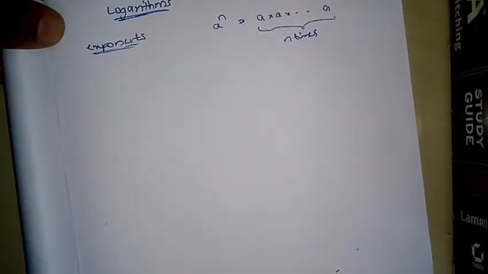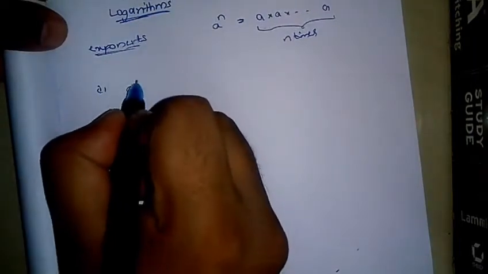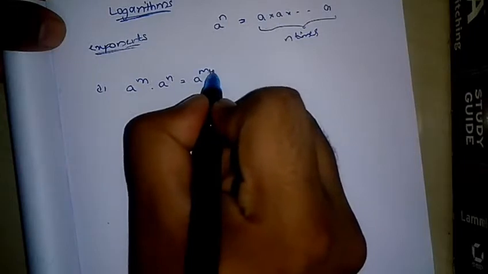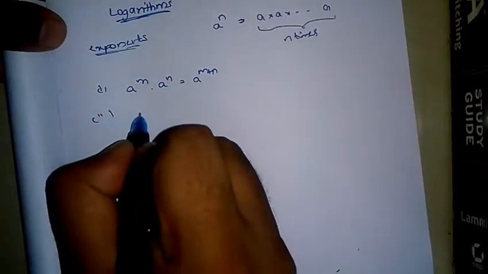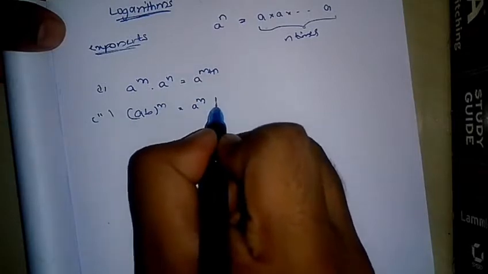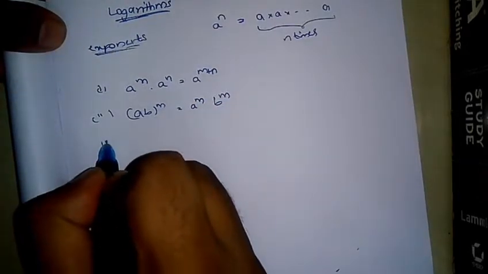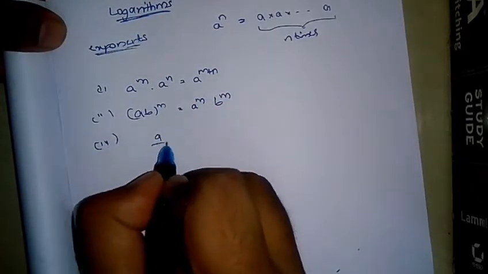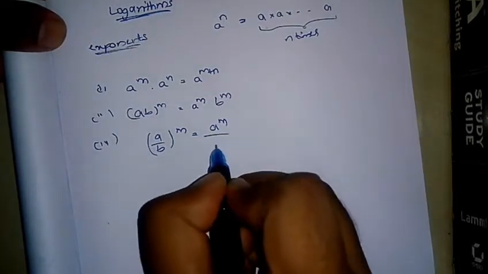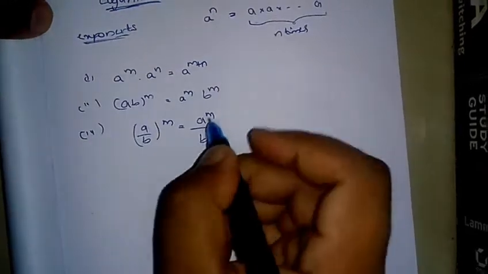Let's recall some formulas in exponents. First one is a power m into a power n is a power m plus n. Second one is ab whole power m is equal to a power m into b power m. Third one is a by b whole power m is equal to a power m by b power m.